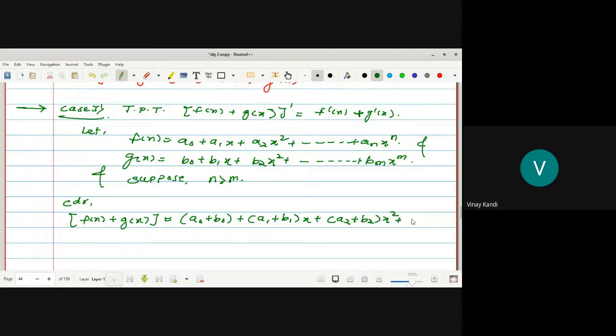Now here n is greater than m, so this means (am plus bm)x raised to m, plus a(m+1) x raised to m plus 1, up to and so on an x raised to n. Any doubt? The coefficients beyond m for g you can take as 0.